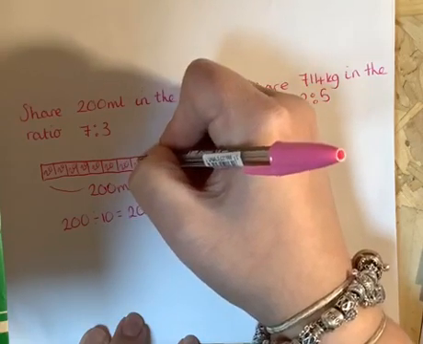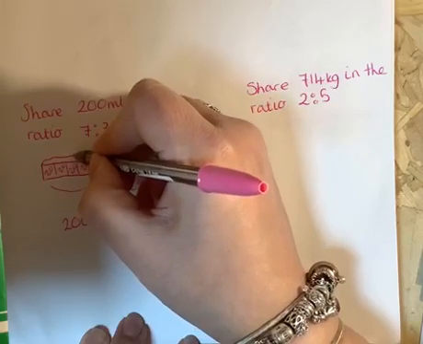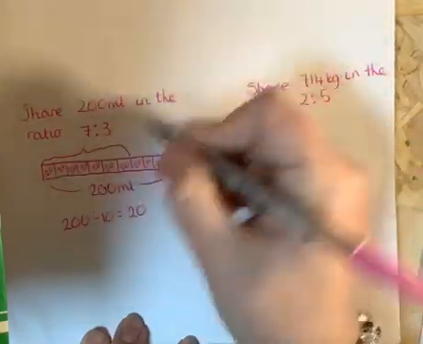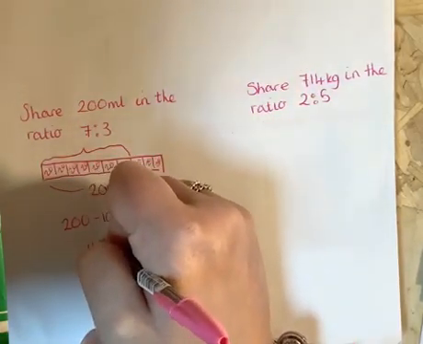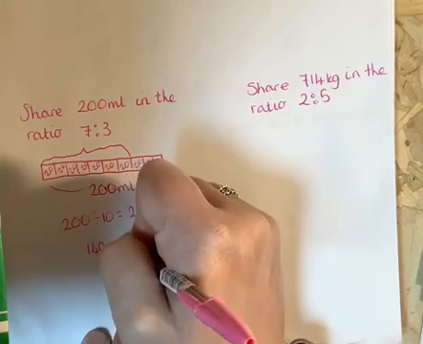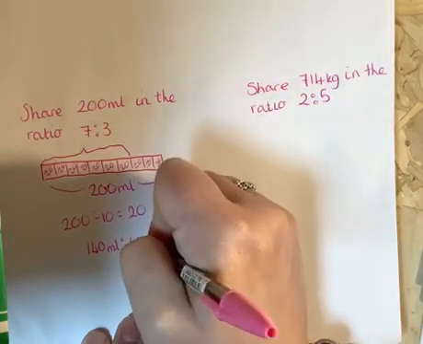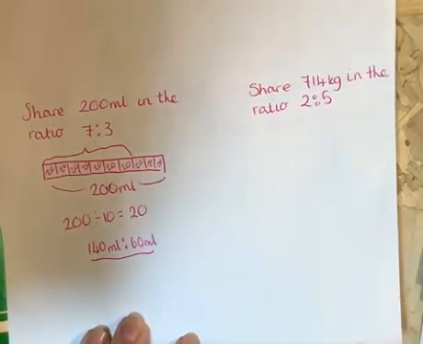So we know that we've got 7 boxes there. 3, 4, 5, 6, 7. So 20 times 7 is 140. In this case, it's millilitres. And then we've got 3 parts, which is 60 millilitres. And again, if we check that, they would add together to make that 200.